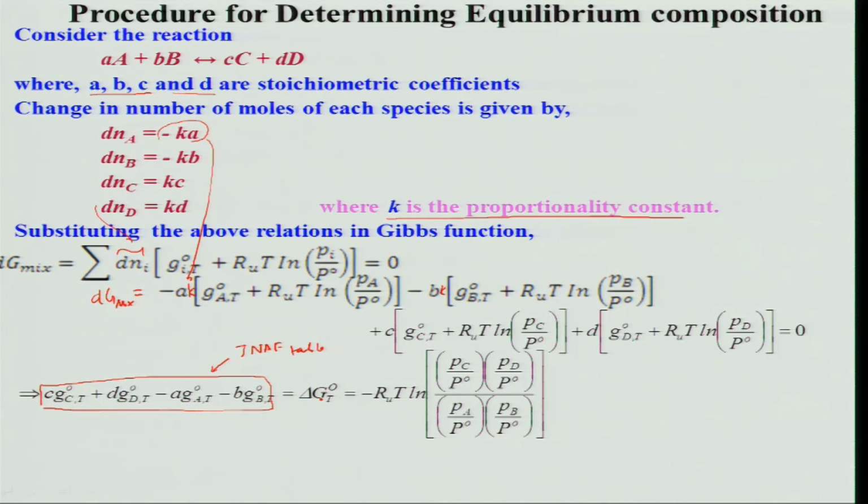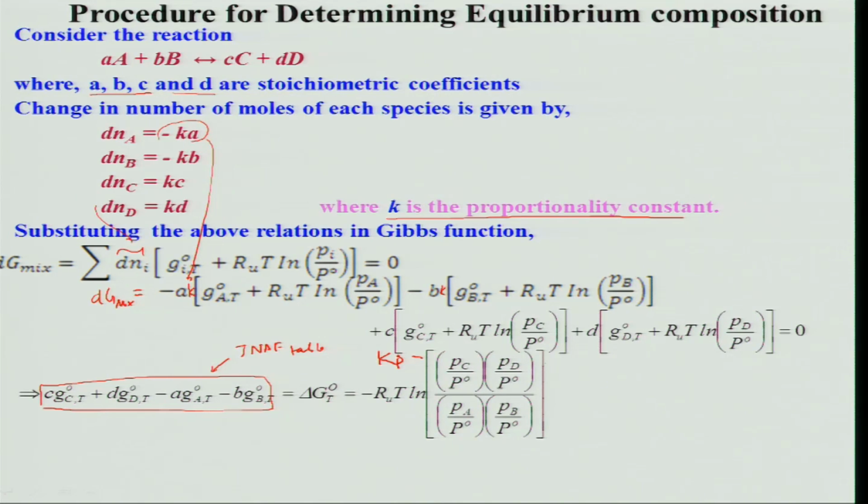That means delta G naught is known to you, and then minus R_u T ln is equal to (P_c by P naught)(P_d by P naught) divided by (P_a by P naught)(P_b by P naught), and this bracket term we call K p.